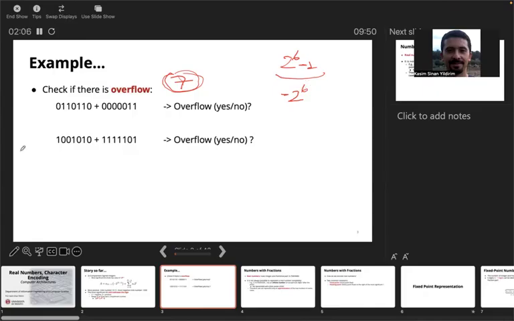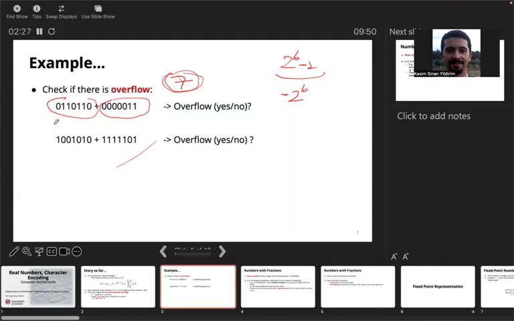So let's add up these two numbers. When you perform the addition, we have two positive numbers. Is the result positive or negative? Is there a change in the sign bit? Positive, right?